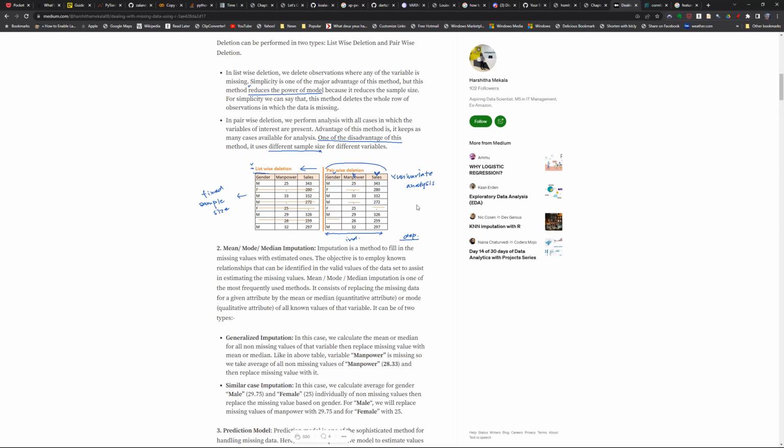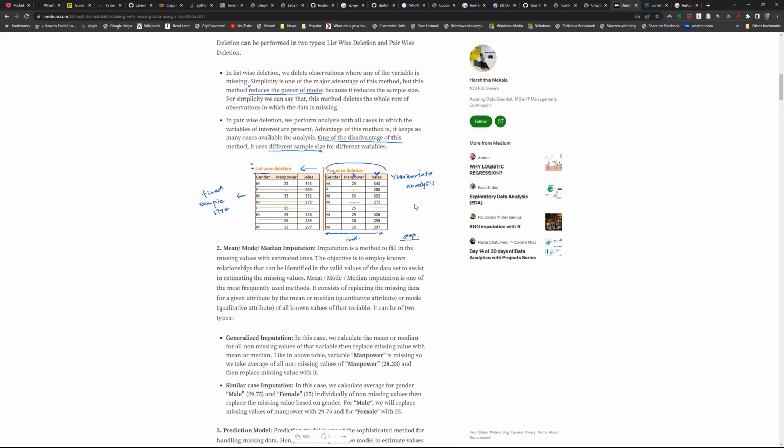But for predictive or regression purposes, it reduces the power of the model, which means that due to the reduction of the sample size, the reduced statistical power of the model is going to be critical. Because in machine learning approaches, our goal in a regression model is to develop a more predictive model, so that when we have a new data set, we can get a more accurate target outcome. Is that correct?